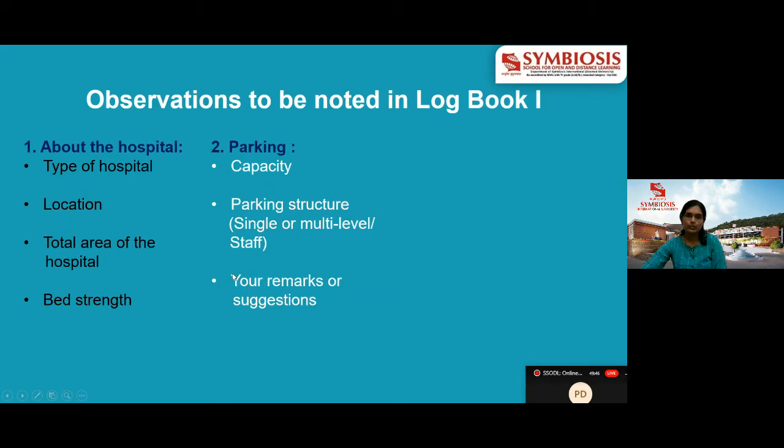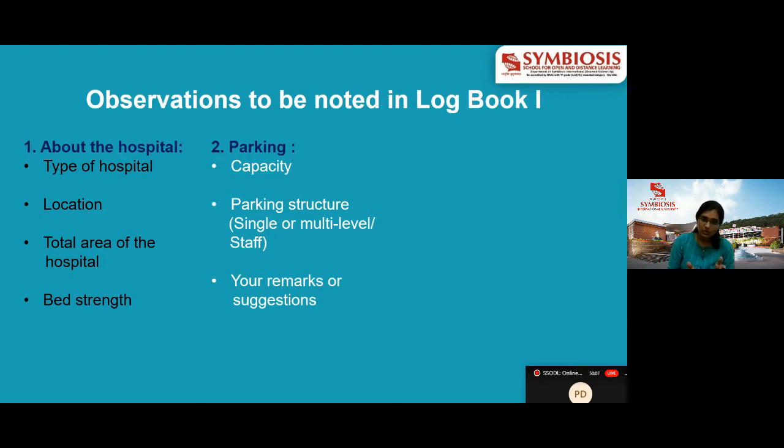Simultaneously, at the end of each point, you can note down your suggestions. If you say that the space is insufficient, you can write your suggestion. If you say that single level parking is not enough for this number of footfall, then you can suggest multi-level car parking.